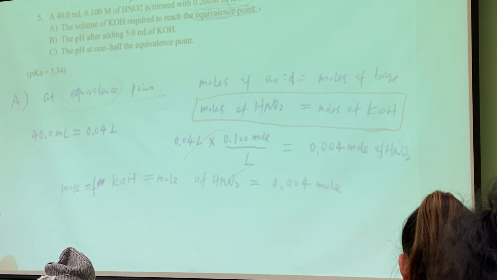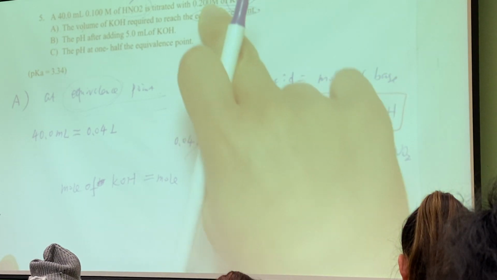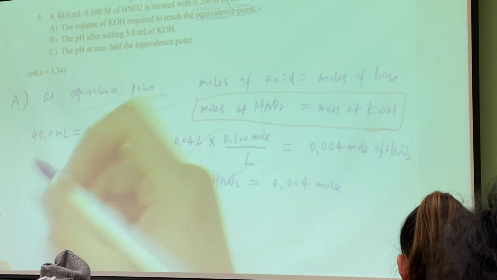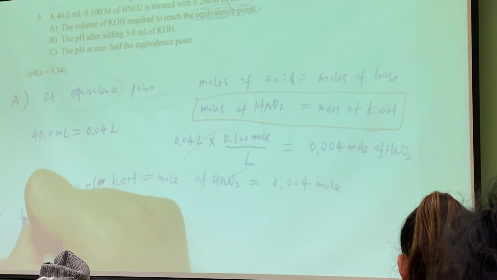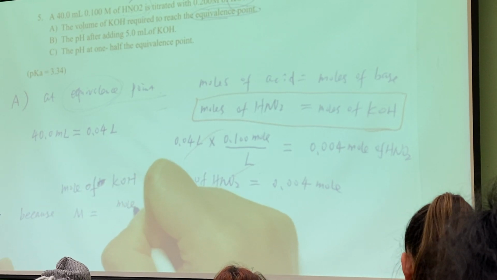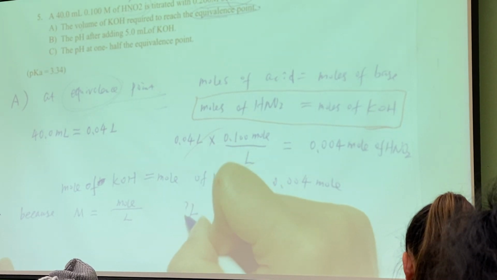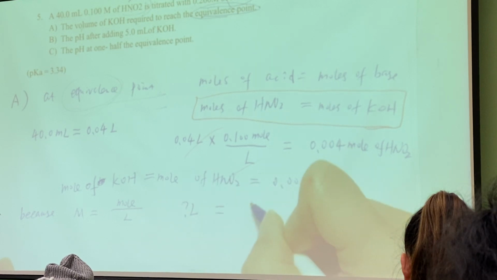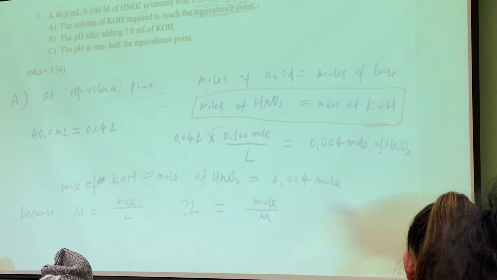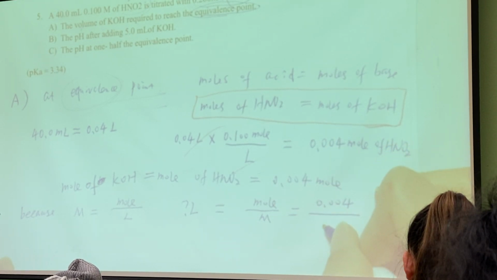So now you know the moles of your potassium hydroxide and you're given the concentration. Can you calculate the volume? Yes, because molarity equals mole over liter. Your liter is unknown, so liter should equal mole over molarity. Then it should equal 0.004 over 0.2.